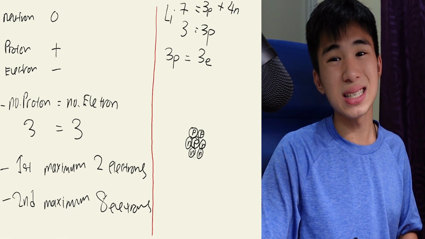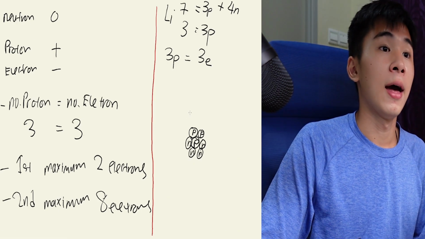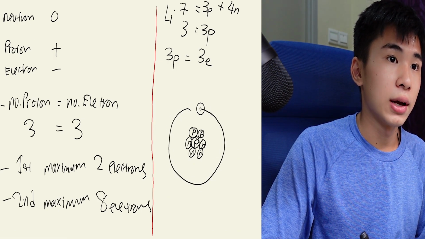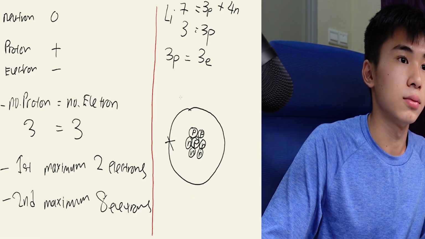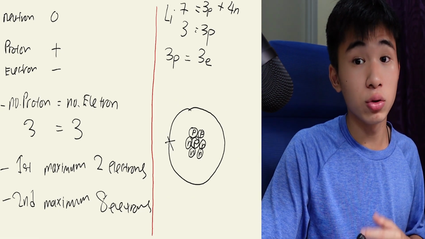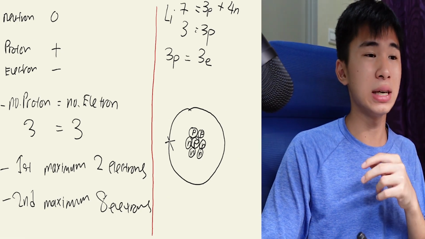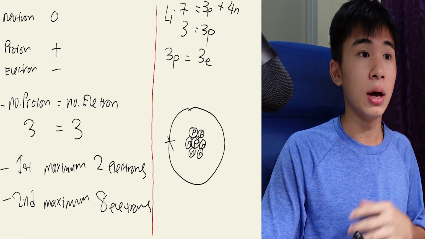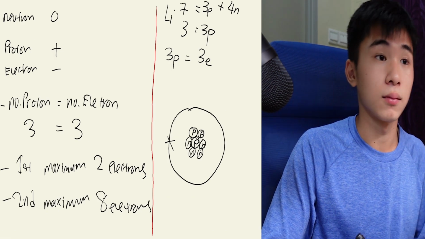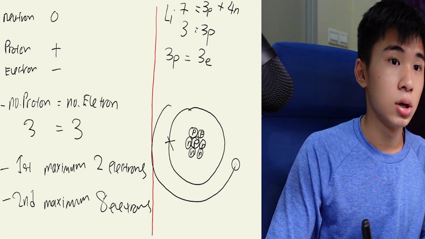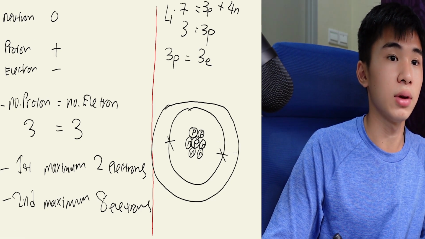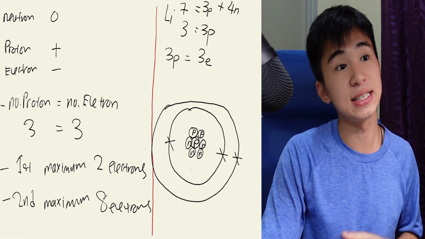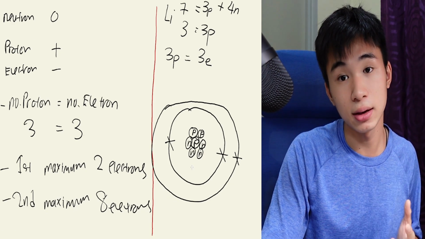This is just a rough sketch of it, and we have 3 electrons. Normally we do not write E for electron, we just label it as a cross when we are drawing an atom. So, the first electron, second electron and third one. So this is just a rough sketch of the lithium atom.